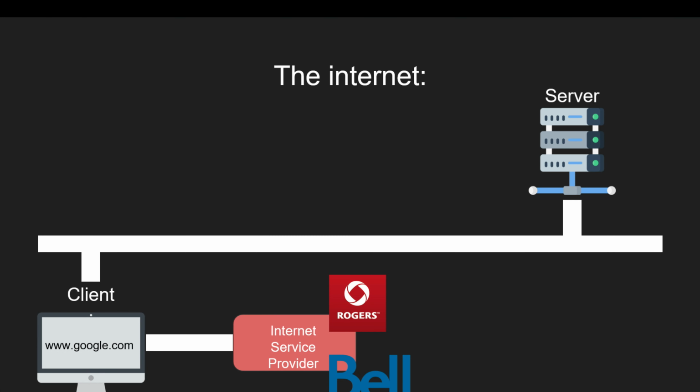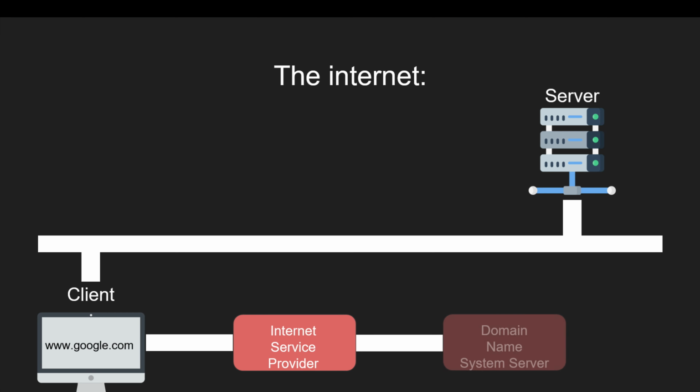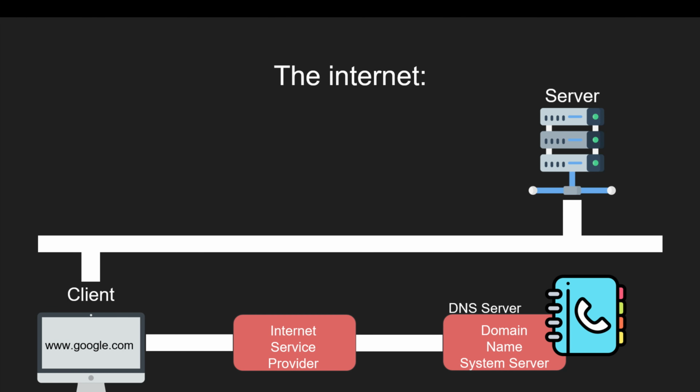These are some common internet service providers. Well, with this ISP, it's going to go ahead and go to the Domain Name System Server, also known as the DNS server. And it's kind of like a phone book. It's going to take our request of www.google.com and it's going to give us a bunch of numbers.